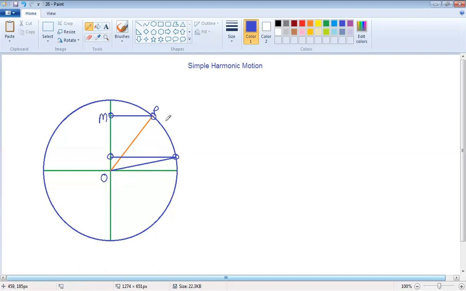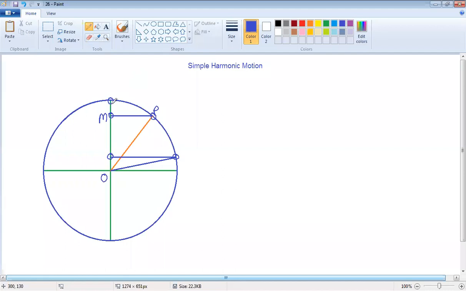When the point has moved to this position, the foot of the perpendicular on the y-axis is at point M. As the point P approaches the top of the circle, the point M also reaches this position.